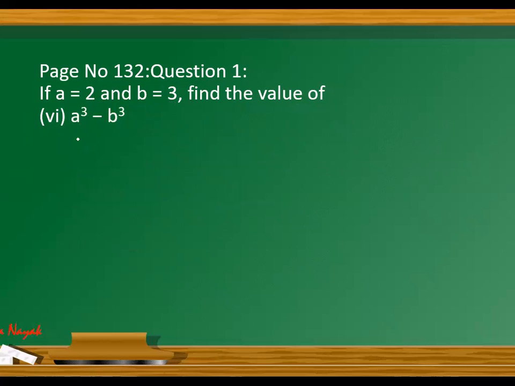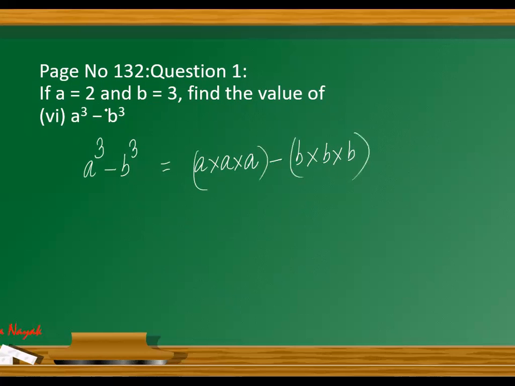Next, sixth part. a cubed minus b cubed. That means how many times will a be multiplied? 3 times. How many times will b be multiplied? 3 times. Next we'll put the values. In place of a, I'll put 2 multiplies 2 multiplies 2, a is 2 here.